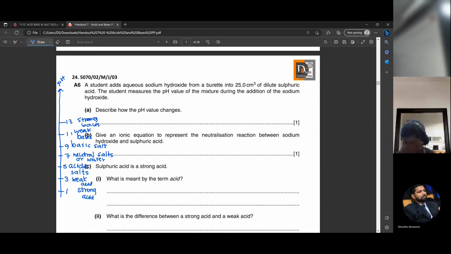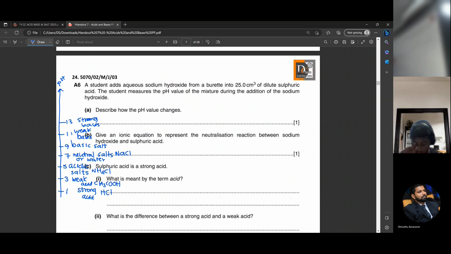So, many useful local exam answers here. Example, strong acids: HCl, nitric, sulfuric, and so on. Weak acids: ethanoic, carbonic, phosphoric. Acidic salts: salts of strong acids and weak bases, like ammonium salts. Neutral salts: salts of strong acid and strong base, which we did last week.